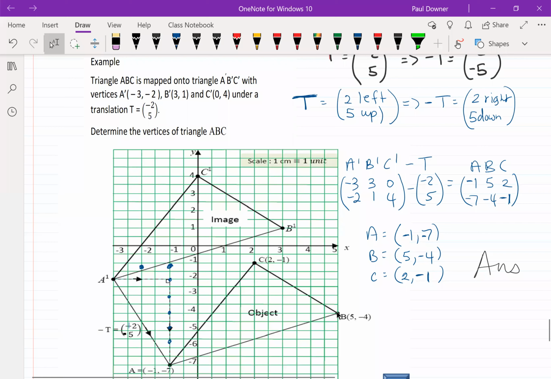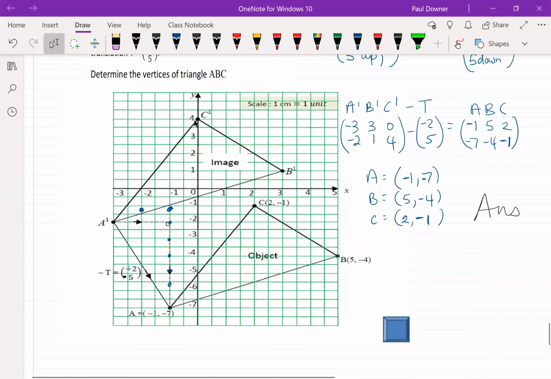So 2 to the right and 5 down carries me from the image to the object point, which would be this point here. And if I check that, that's the same as moving 5 across and 4 down, so (5, -4) by the drawing method, which is what I got by calculation as well.